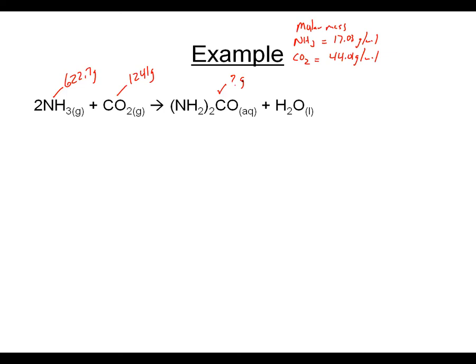So we will start with our same steps. Right here tells us this is a limiting reagent problem because we have the starting amounts of both reactants. We do have a balanced equation. We then want to convert to moles.